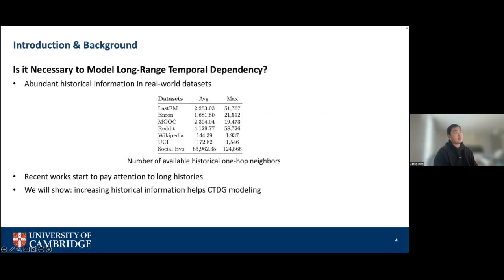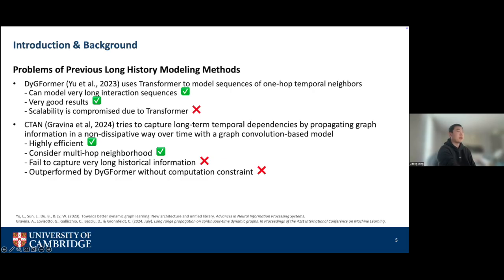We can see that we have abundant historical information in real-world datasets, and we can try to maximally utilize it. We also noticed that there are several works starting to pay attention to long histories. And at the end of this presentation, I will also show you an experiment showing that increasing historical information will actually help CTDG modeling.